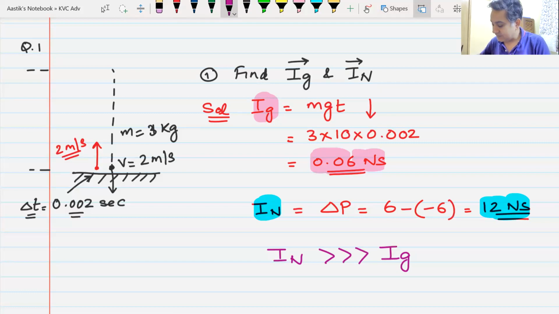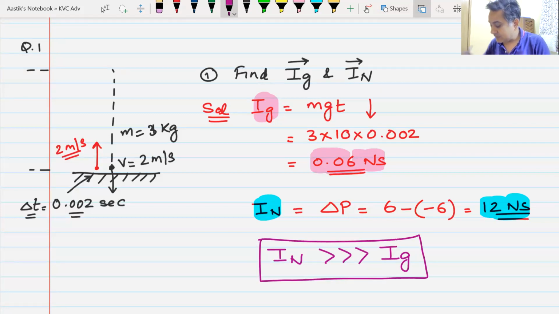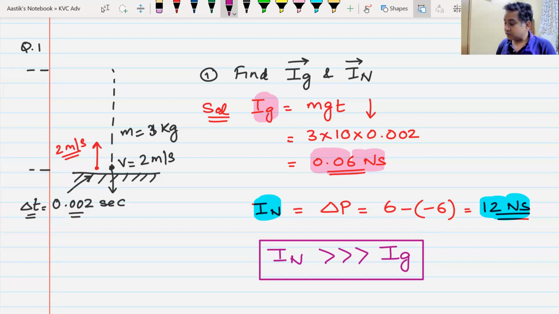And that is the reason we don't take gravitational force or spring force as impulsive force, because during a collision, these forces are very small compared to the forces that we are dealing with. Do we understand this? Yes, sir. So this is an example for you to understand why gravity is neglected, why spring force is neglected, because they are very negligible compared to what is happening here.